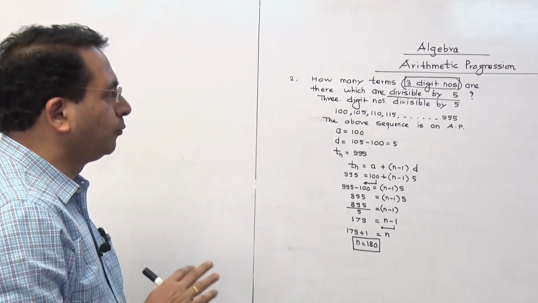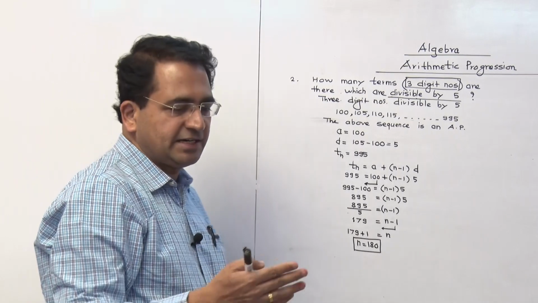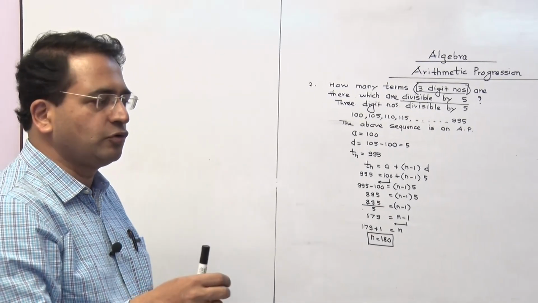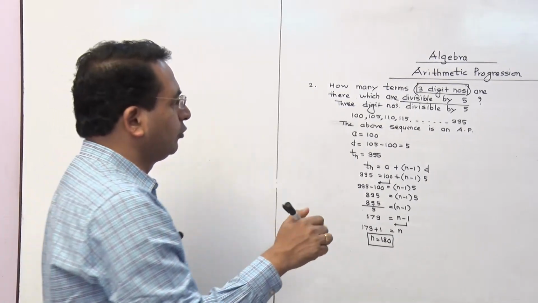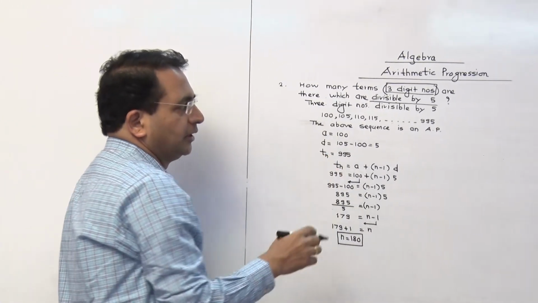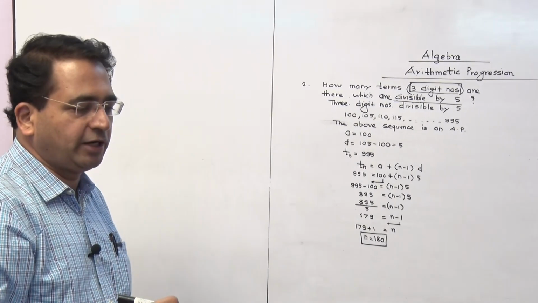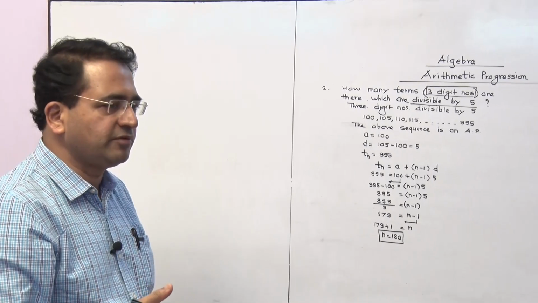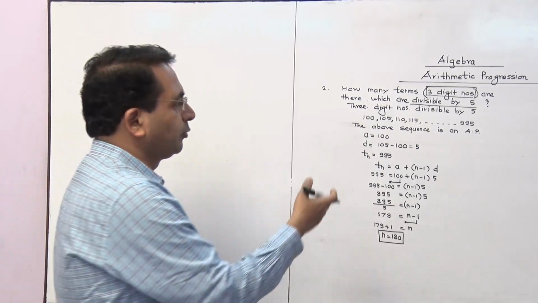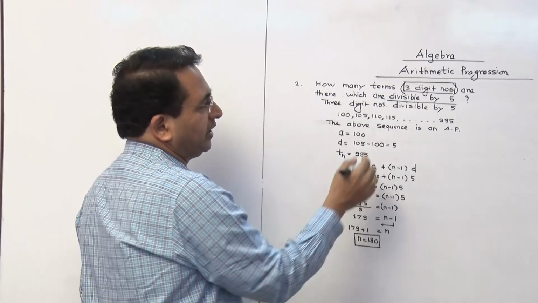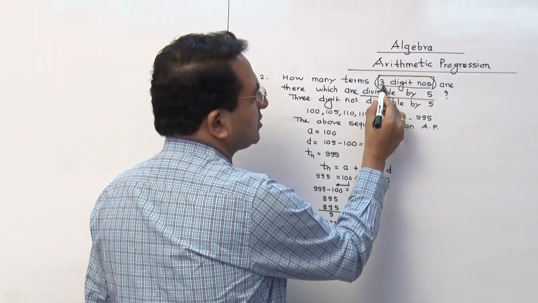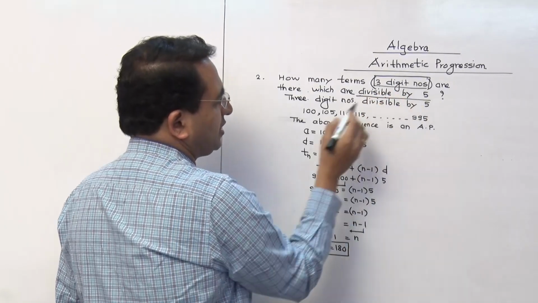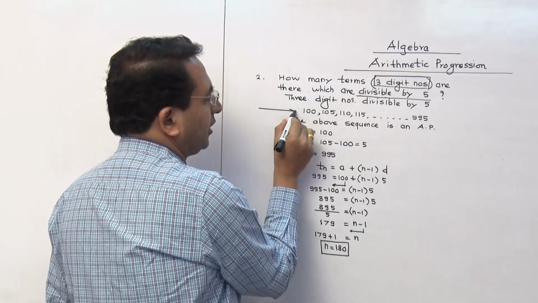So we have taken two problems now. One is directly if they are giving you the sequence, then they will ask you to find a term. There we use the same formula. Now this is an application-oriented question. If you are asked to find the number of terms which are divisible by 5, then this is the procedure you have to follow. But that depends on this criteria: it is a 3-digit number. That means you have to decide this properly.